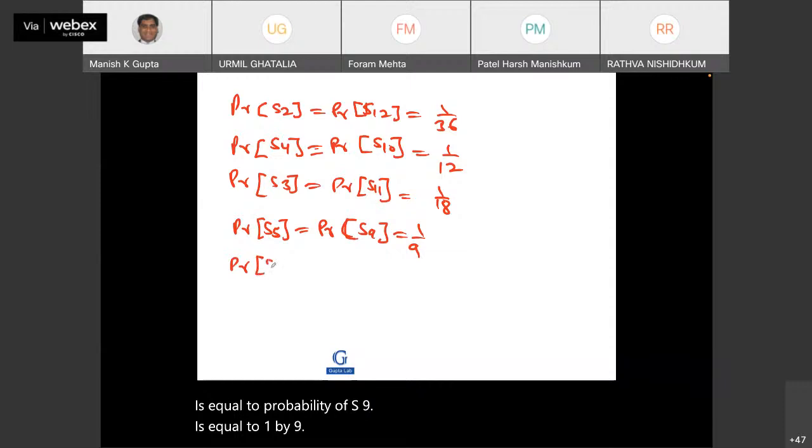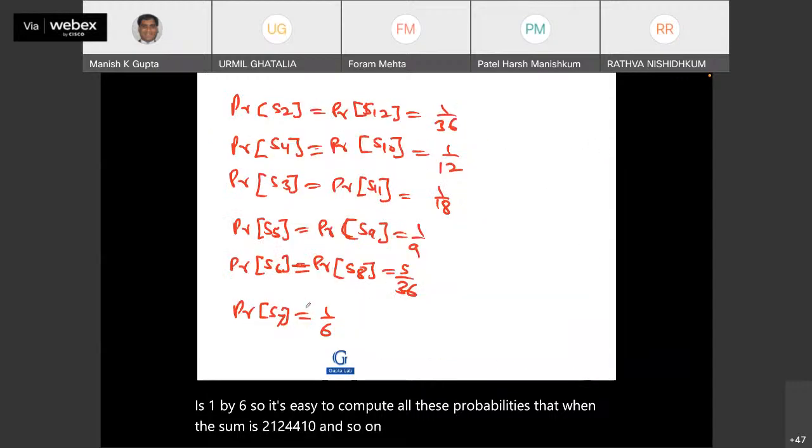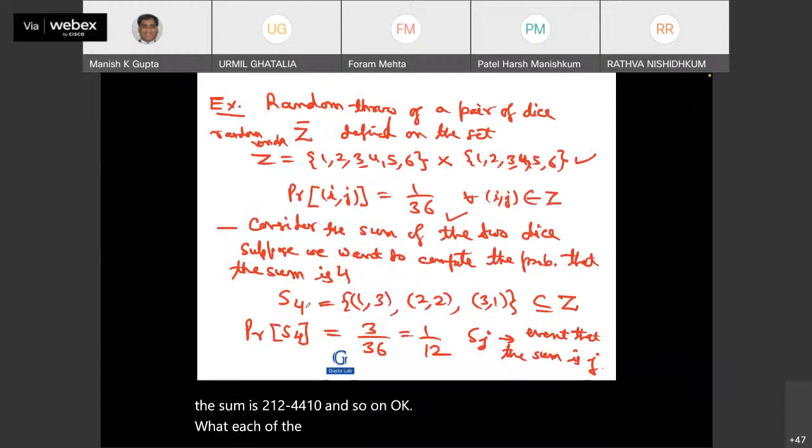The probability of S6 is equal to the probability of S8, which is 5 by 36. The probability of S7 is 1 by 6. So it's easy to compute all these probabilities. For each event, we can compute the probability.